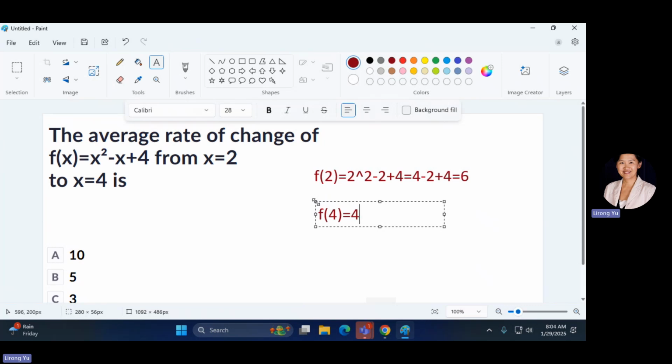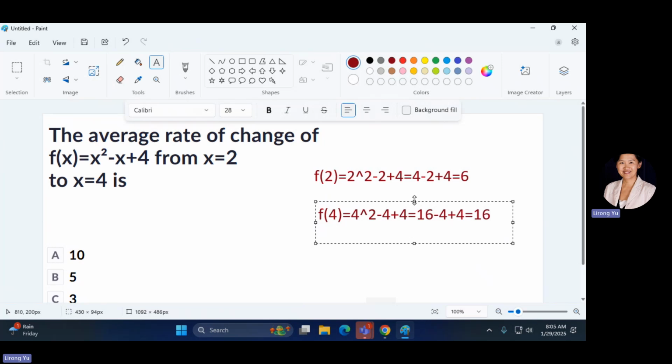The calculation will be 4 squared, minus 4, and plus 4. So we follow the definition to find the y value. 4 squared is 16, so that is 16 minus 4 plus 4, and you can see that the minus 4 cancels the plus 4, so the answer is 16. So that allows you to calculate the two separate y values.